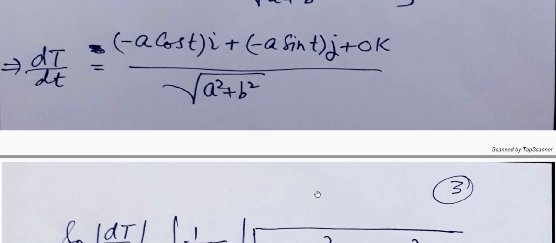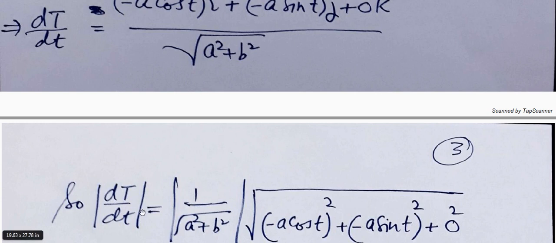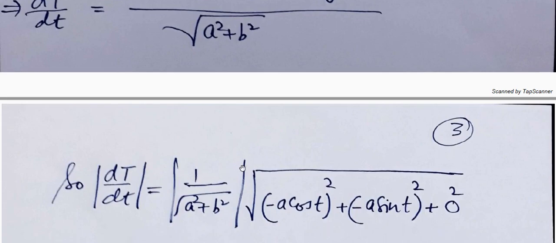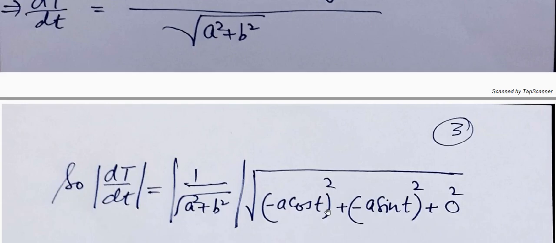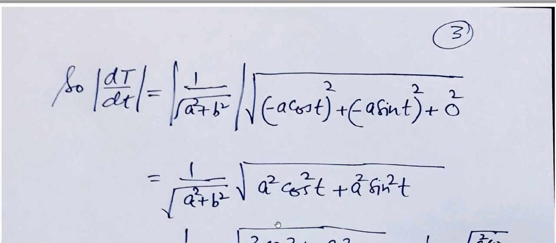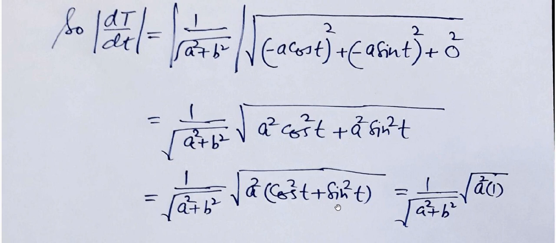Now, if you take the magnitude of this, dT over dt magnitude, because this was a constant number, you can write it outside as 1 over the square root of a² plus b². Then here you can write the magnitude of this. It will be the square root of (−a cos t) squared plus (−a sin t) squared plus 0 squared. So this will be a² cos² t plus a² sin² t, times 1 over the square root of a² plus b².